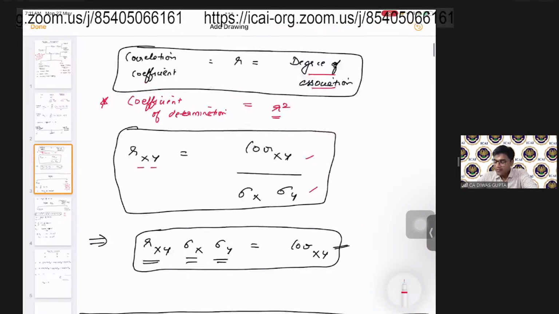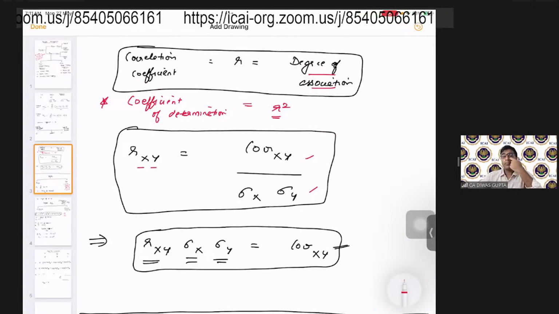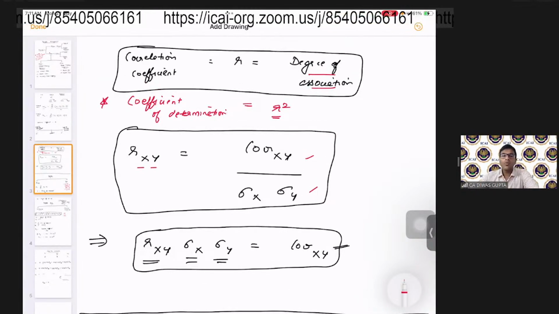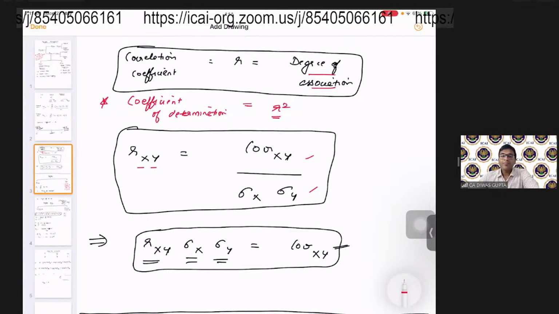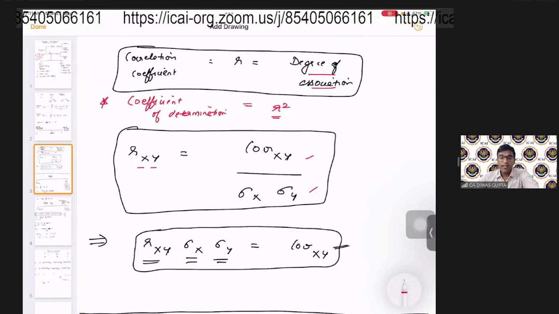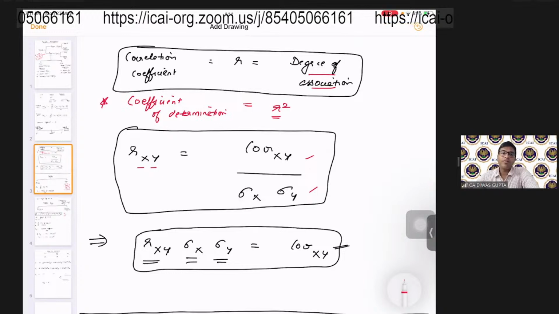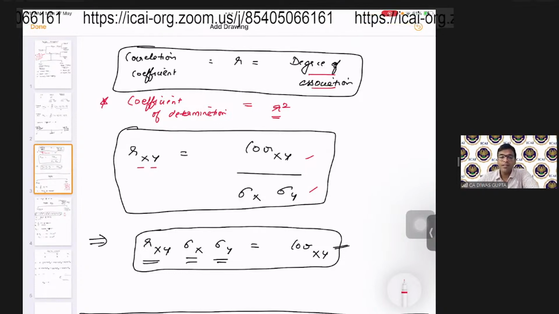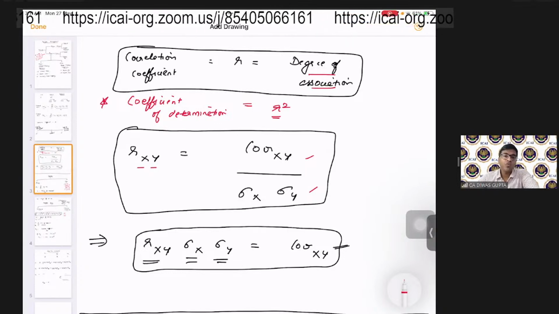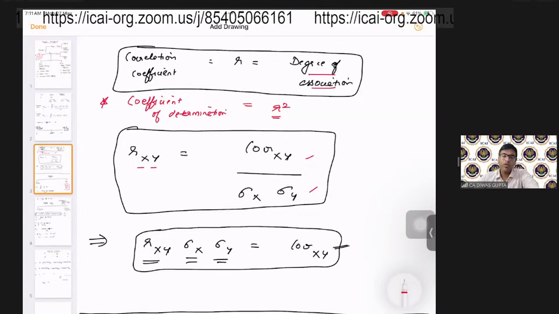And where is this relevant, students? We would have watched in our recorded session of portfolio management. This is mostly relevant in Markowitz portfolio theory. We will go through that. Okay.